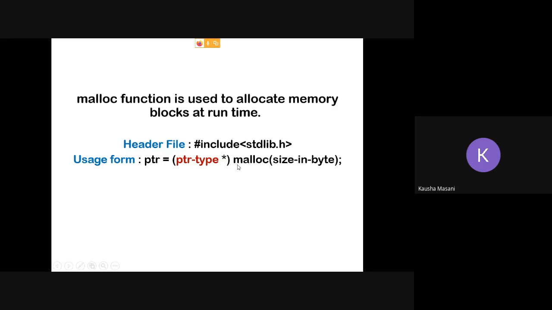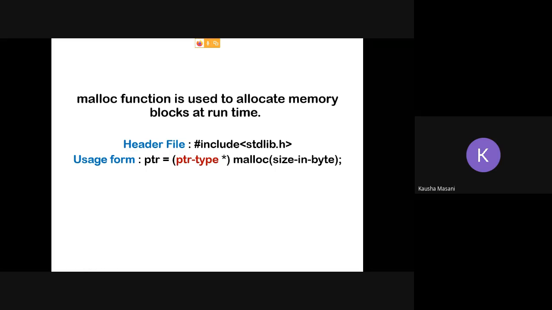When you execute malloc with some size in bytes, just try to visualize what I'm trying to tell you. The malloc is going to assign you a memory block. Let's say the size in bytes which you have given is 10. So the malloc is going to reserve a total block of 10 bytes of memory, and that block will be accessed by a pointer of type void.